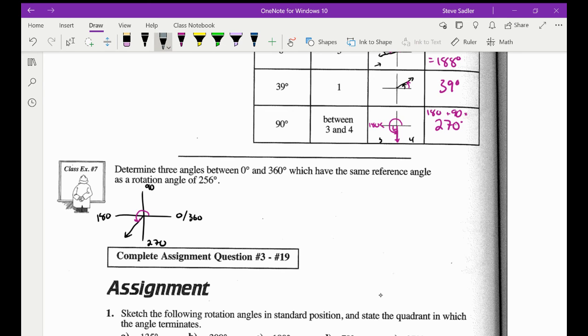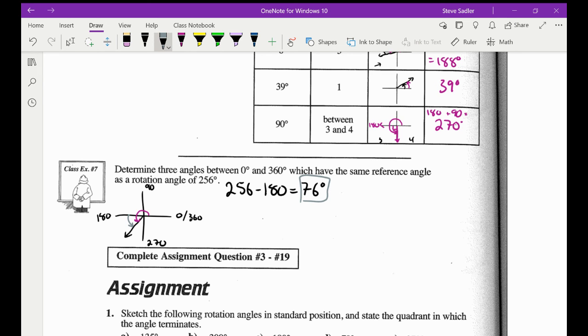Our reference angle has to be measured from the x-axis. So what we're going to do is 256 minus 180. Wow, my brain had a little moment there. And that is going to give you a reference angle of 76.